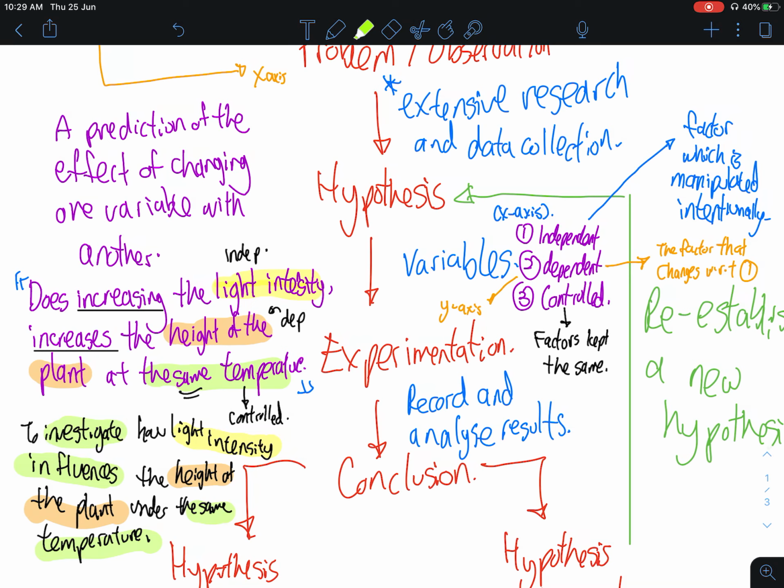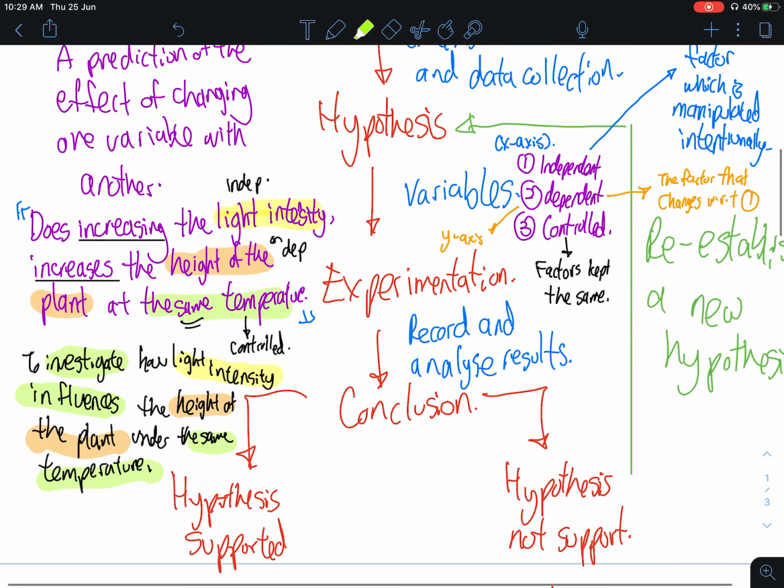And once you write a good hypothesis, the subsequent questions on what is the independent variable, what is the dependent variable, what's the controlled variable, you can answer. So that will give you a lot of marks. Okay. Of course, next we look into experimentation and conclusion. Now, for experimentation, it's a list of steps, which at this particular junction, I would not want to confuse you.